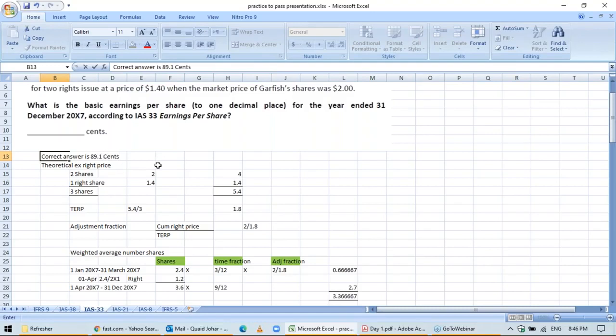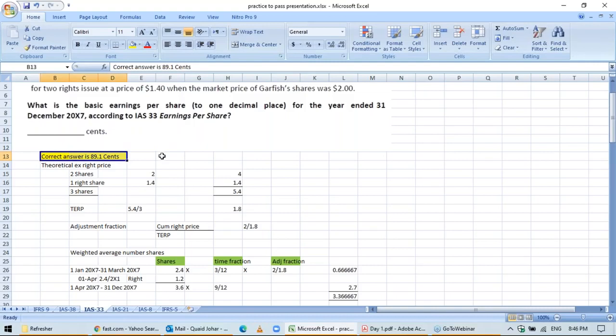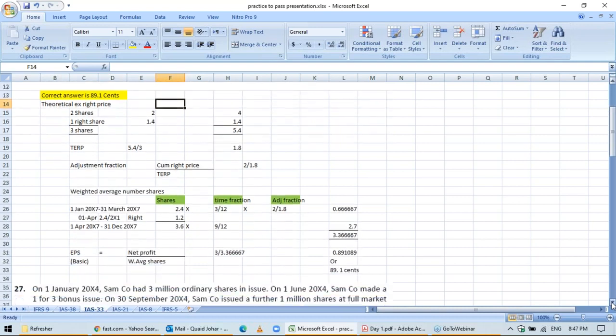They've given it in cents, that's why I'm mentioning it in cents. If they've asked in dollars, then you will put 0.89, but usually it is in cents. Okay, so you can complete it. I'm waiting for a couple of minutes, and then I'll go to the next question.